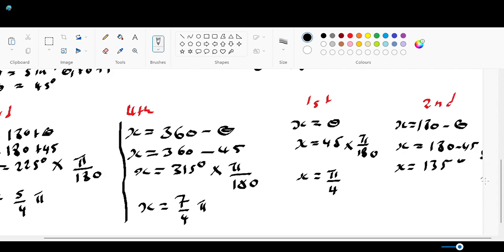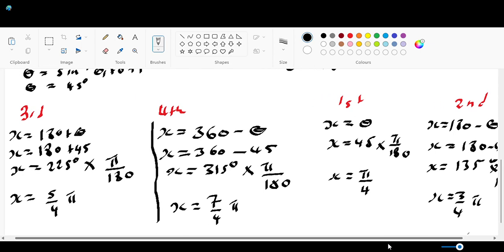You have to multiply this by pi over 180. So we have 135 multiplied by pi over 180. So your answer here is going to be 3 over 4 pi.